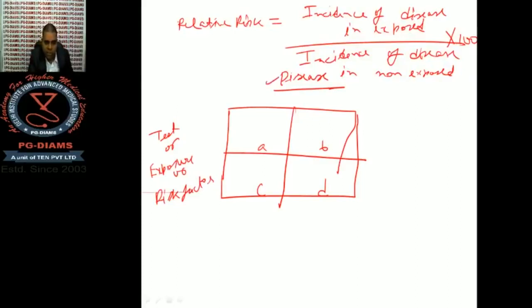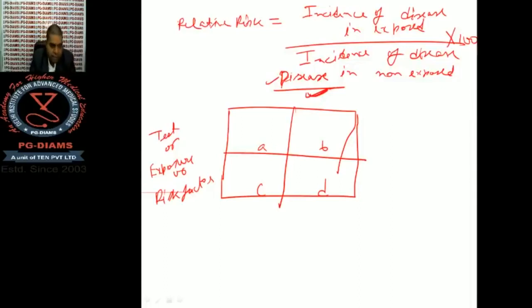If you change this pattern, if you write disease on the left hand side, then this whole A, B, C, D will change, and all of your formula will also change. So in your exam, if a table is already given in the question, you have to turn the table into this format first before applying any formula. If you simply apply the formula and do not turn the table, you will do a wrong calculation. So be sure that disease is on the upper side and test is on the left hand side.